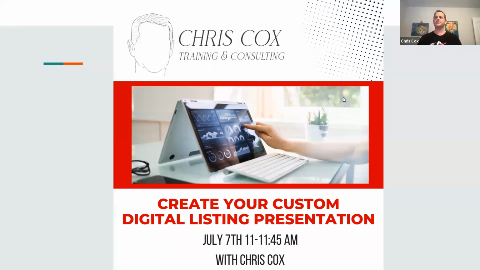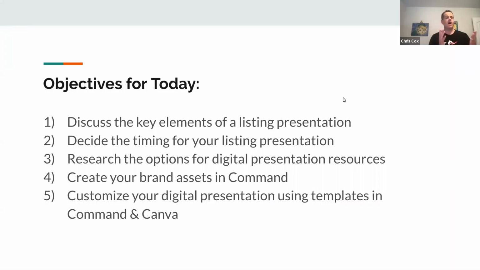So what we are going to cover today are objectives. We're going to start by talking about the key elements of a listing presentation, what you need to have in there, what you want to have in there to showcase you, your team, your skills and your unique value proposition. We're also going to talk about the timing of your listing presentation, how you want to deliver it, where you want to deliver it. We're going to look at some options that are out there for digital presentation resources.